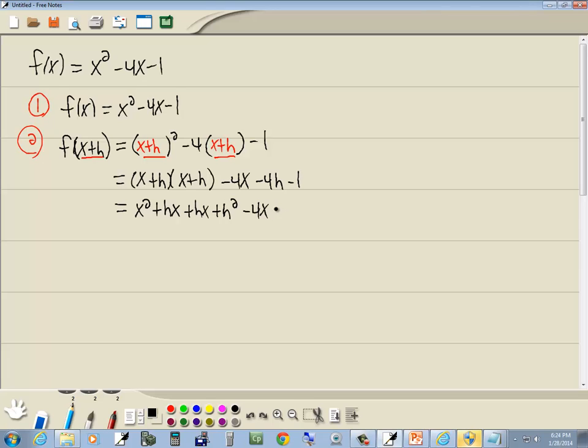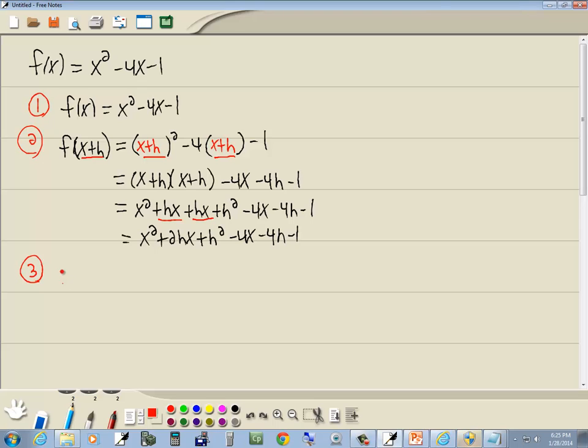Minus 4x minus 4h minus 1, which gives us x squared. We can combine together like terms. We've got hx plus hx, that gives us 2hx, plus h squared, minus 4x, minus 4h, minus 1.